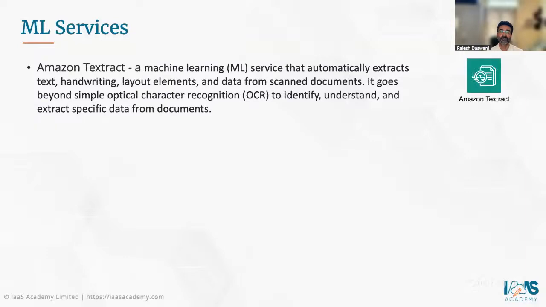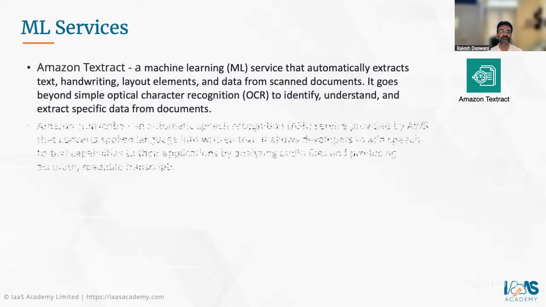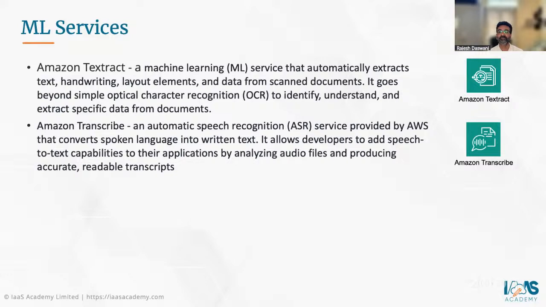We've also got another tool called Textract, which is an ML service that automatically extracts text, handwriting, layout elements, and data from scanned documents. It goes beyond simple OCR to identify, understand, and extract specific data from documents. Transcribe is an automatic speech recognition service provided by AWS that converts spoken language to written text.